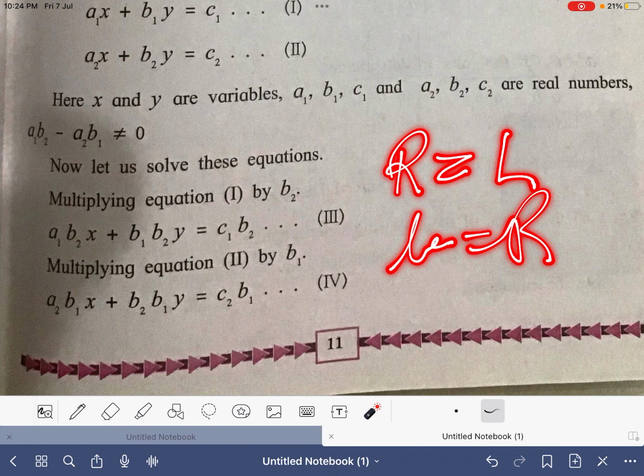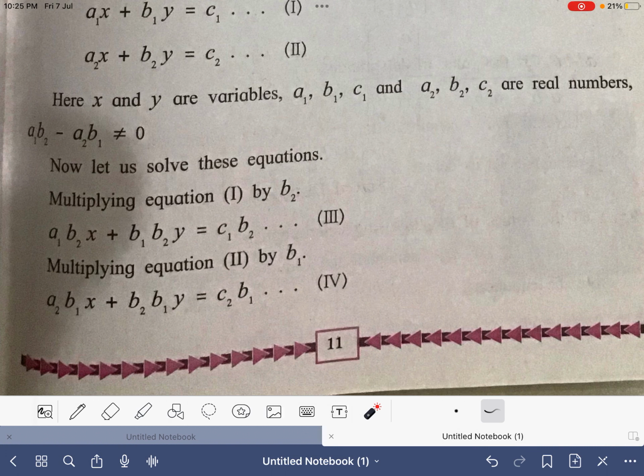So whatever operation we perform on the left side, we have to perform the same operation on the right side. Similarly, multiply this by b1. We get a2b1, b2b1, and c2b1. Now let's assume this is the third one and this is the fourth one. We get these two equations after modification.